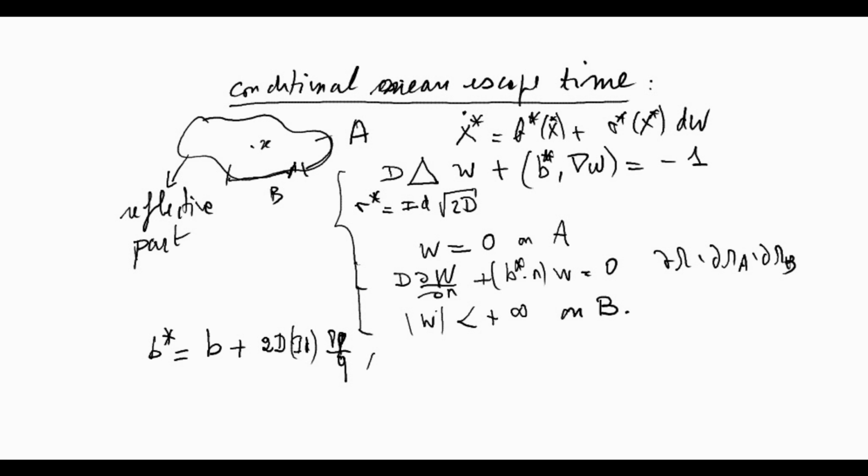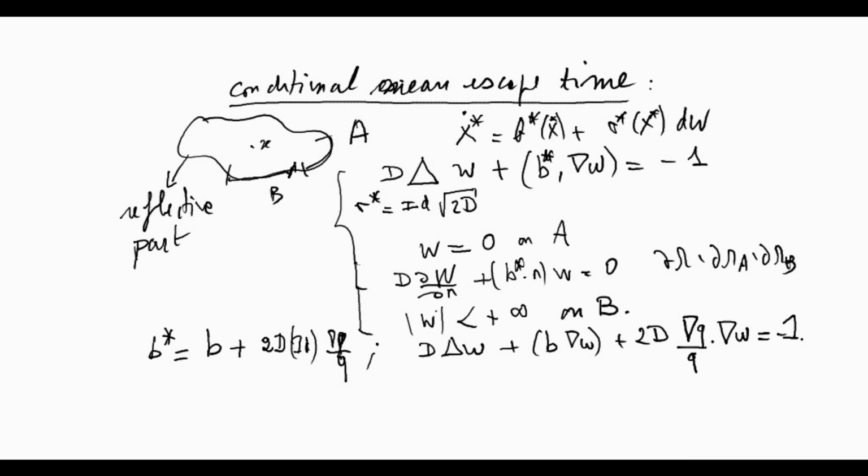So which means that we have the equation d Laplacian W plus B gradient W plus 2D gradient Q divided by Q multiplied by gradient W equals -1.